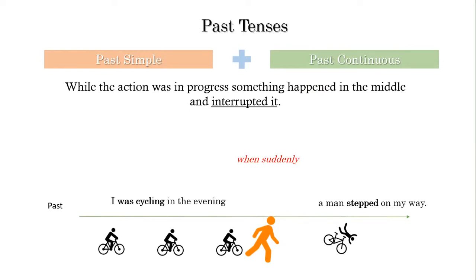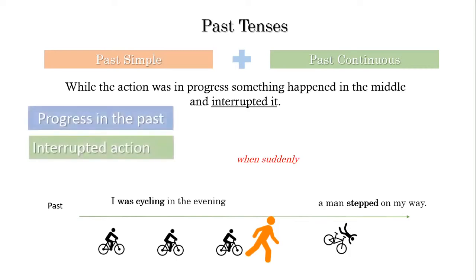We can understand from this sentence that we can use both past simple and past continuous tenses in one sentence. And usually we have an interrupted action in this kind of sentence. And usually we put the interrupted action in past simple tense. So you can say, when my brother came home, I was listening to the music. Okay, let's continue our lesson.